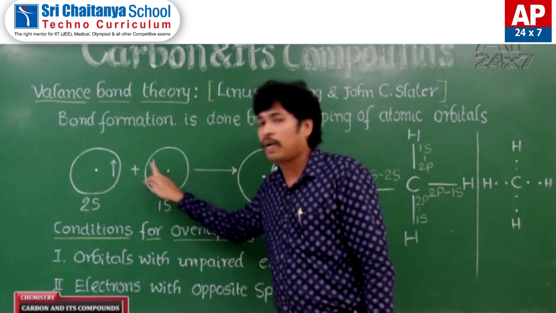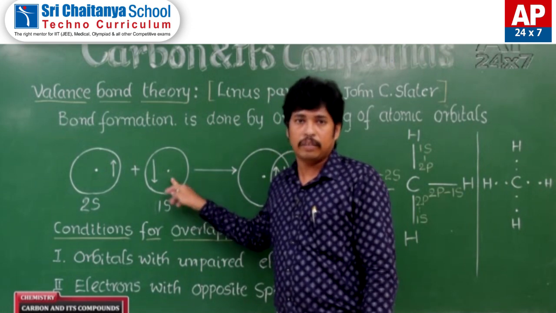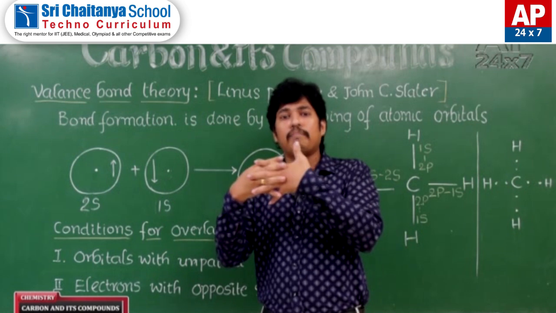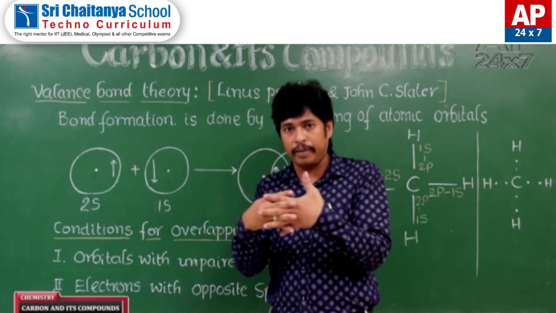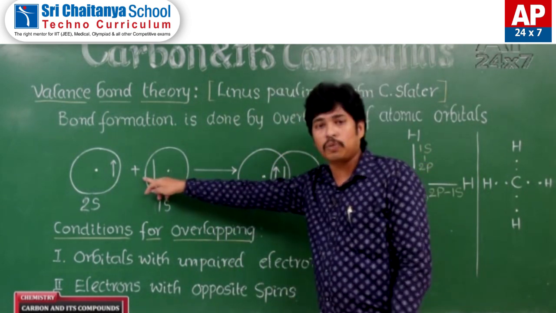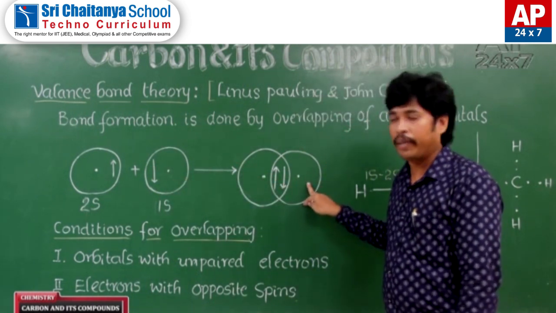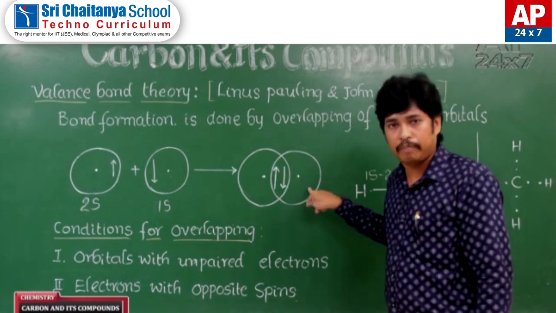So, when these two are involved in the overlapping process, overlapping simply means partial merging of two atomic orbitals. When these two orbitals are involved in the partial merging process, we can see the overlapping of atomic orbitals.